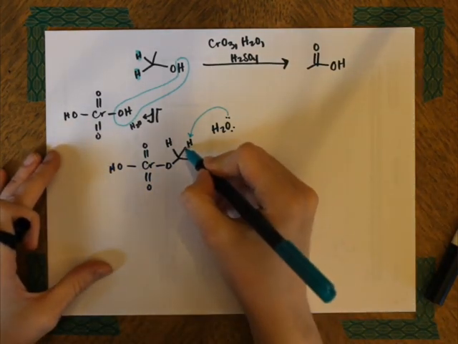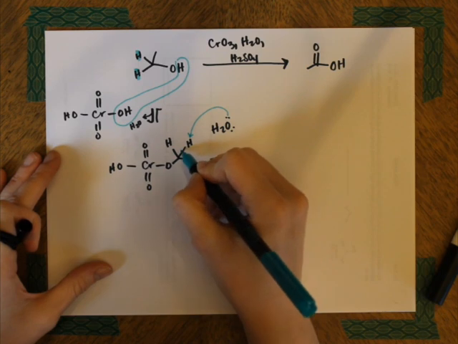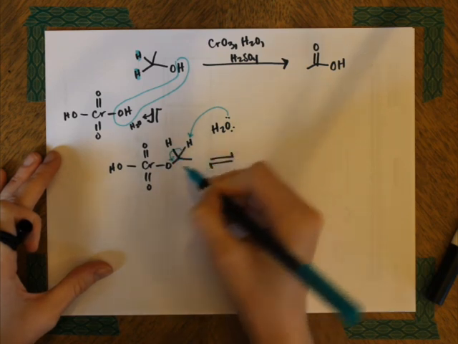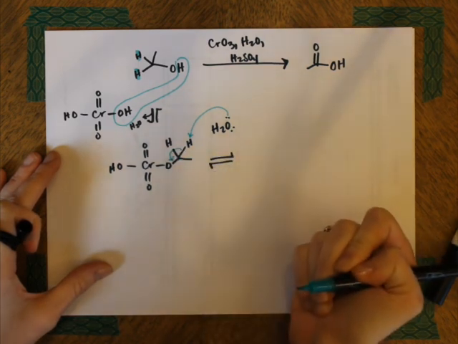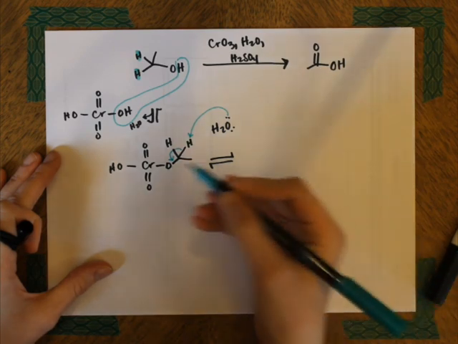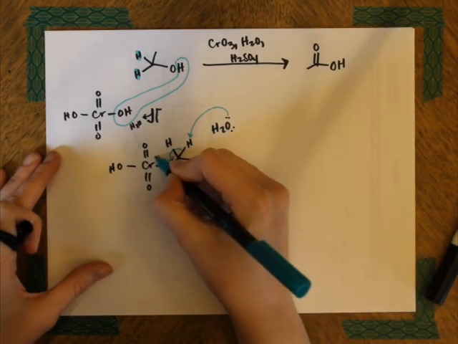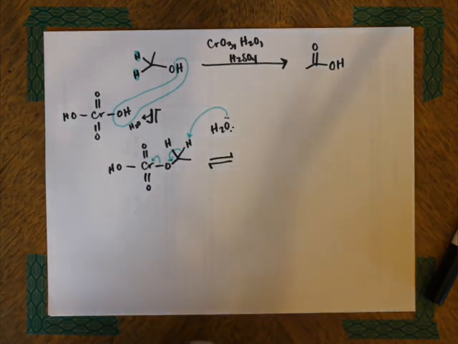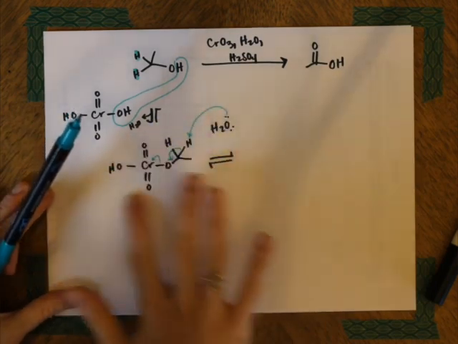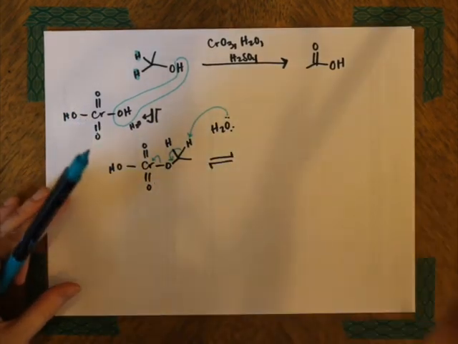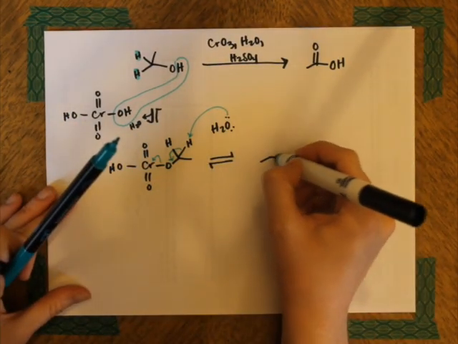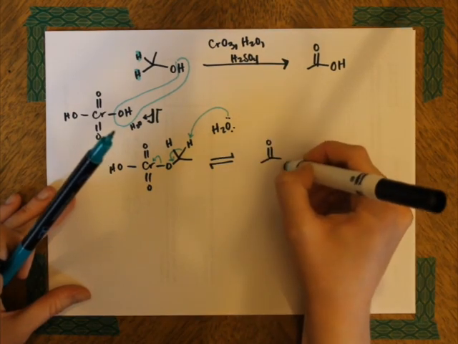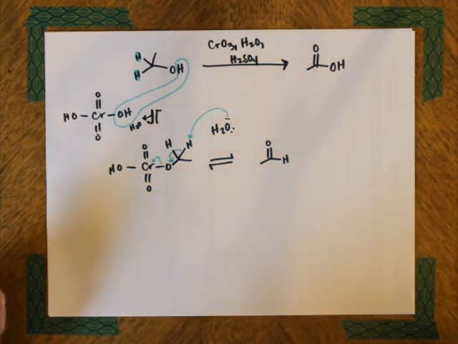Then I'm going to take the electrons in the CH bond right here and bring those down to make a new CO double bond. And in doing that, I'm going to give these electrons back to the chromium. We aren't really super concerned with what happens to that chromium. What we are concerned with is what happens to our organic molecule of interest.